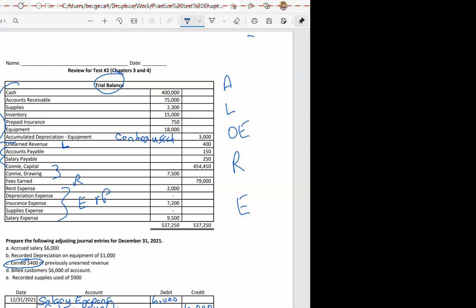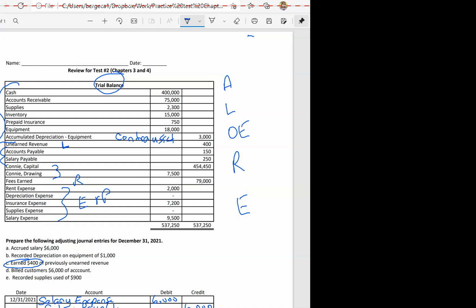All right, letter D. Billed customer $6,000 on account. So if you see the word billed, that means you've done the work and you need to tell your customers that they owe you. Once you've done the work, you're going to credit your revenue. So we'll credit fees earned. It was $6,000.